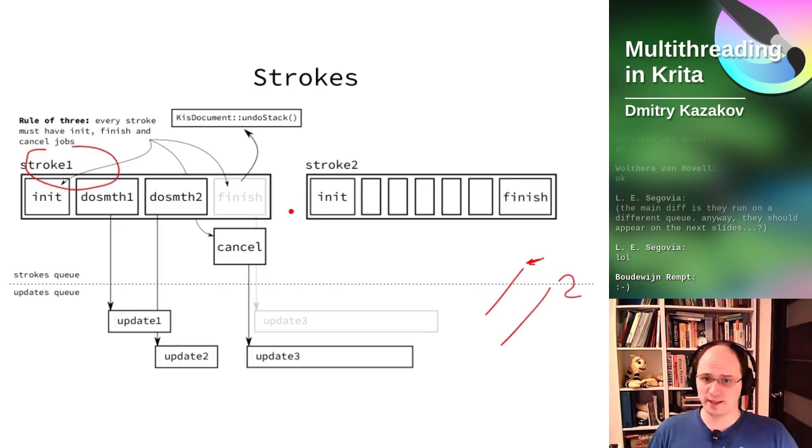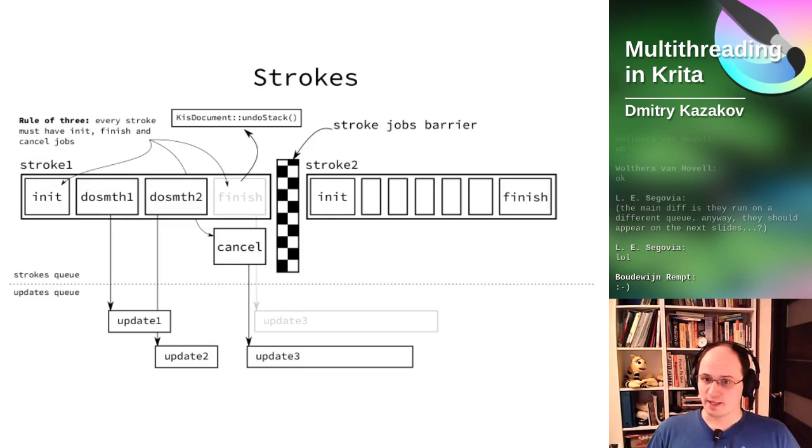An important thing about the strokes queue is that jobs from different strokes cannot interleave or intersect. That is, stroke 2 will not start until the last job from stroke 1 is completed.